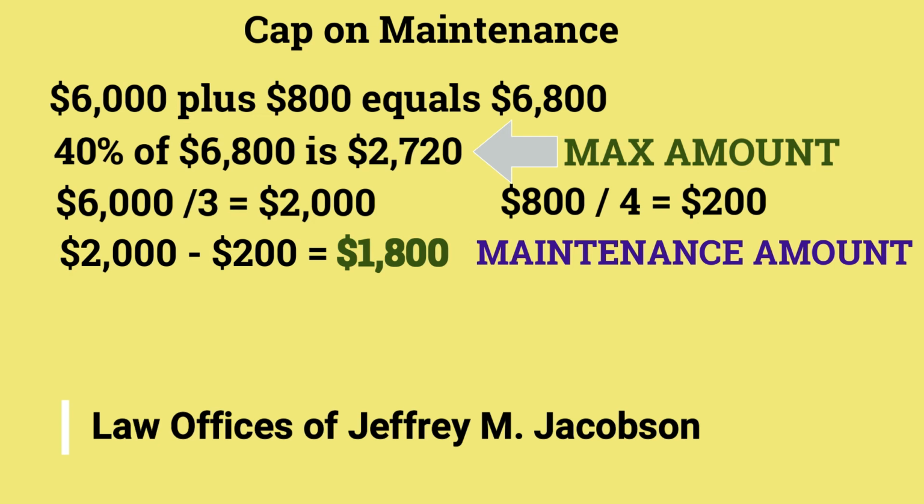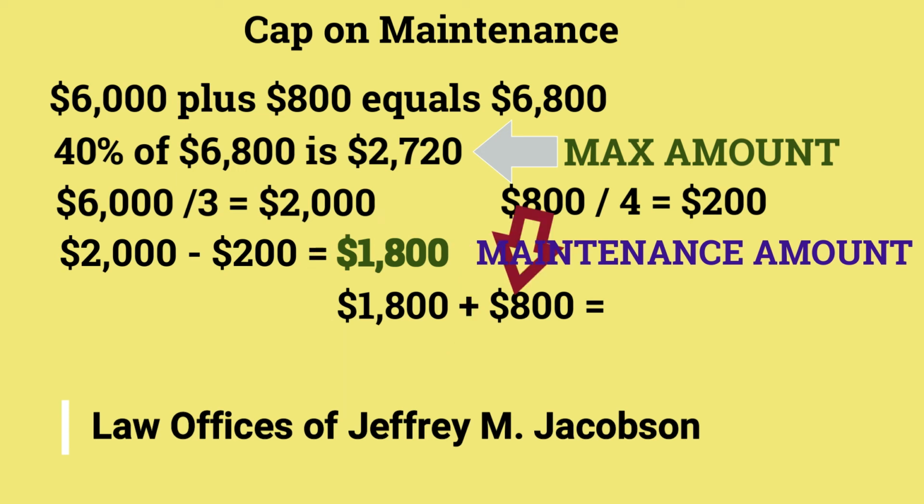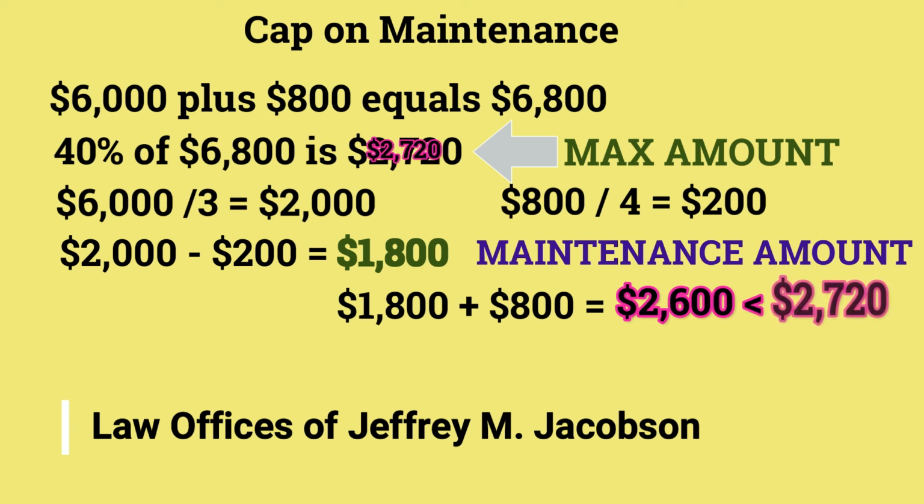So then you add that number to the net income of the person that's receiving the income, and that's $1,800 plus $800. So that total equals $2,600. And as you can see from this example, the $2,600 is less than the 40% cap, which is $2,720.